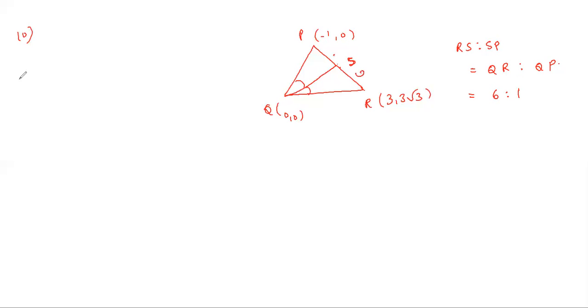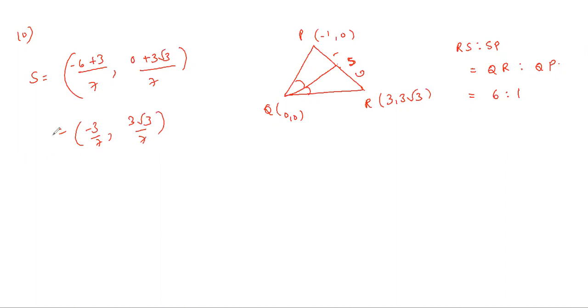So what are the coordinates of S? 6 into minus 1 minus 6 plus 1 into 3, by 6 plus 1, 7. 6 into 0 minus 1 into 3 root 3, by 6 plus 1, 7. Minus 3 by 7, 3 root 3 by 7.